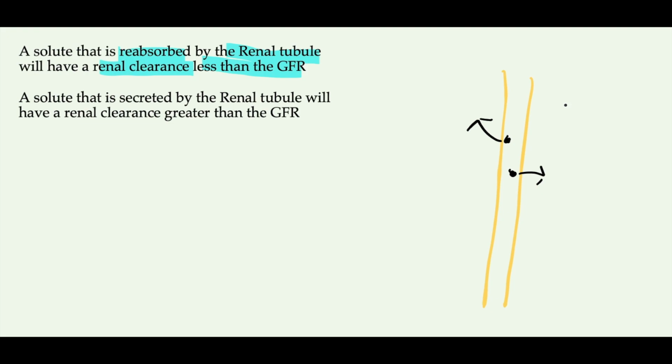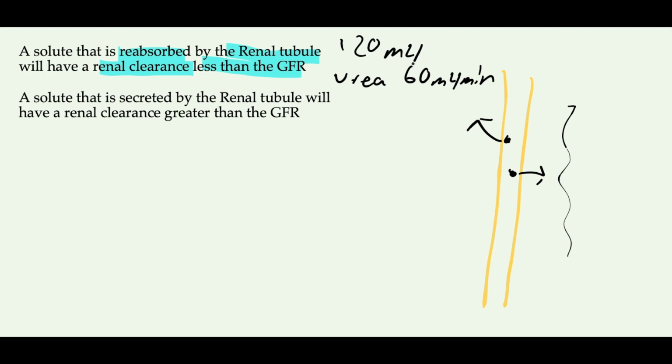They are moving into the body's tissues. A great example of this is urea. Urea has a 60 milliliter per minute renal clearance, as we talked about before. Glomerular filtration rate, we said, was 120 milliliters per minute. And as you can see, 60 milliliters per minute is less than 120 milliliters per minute.